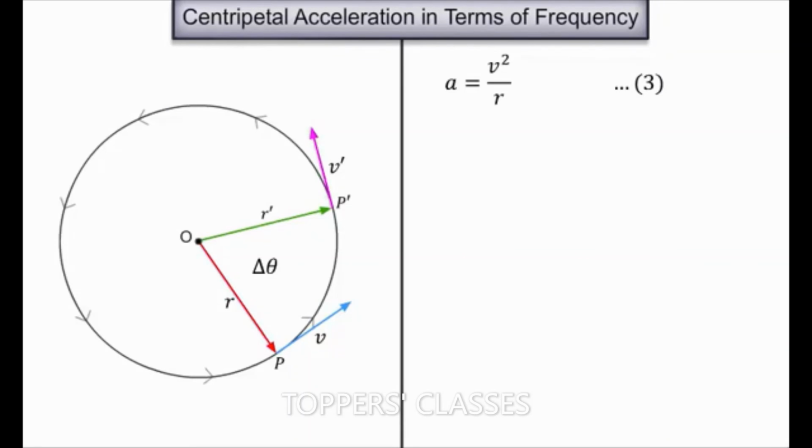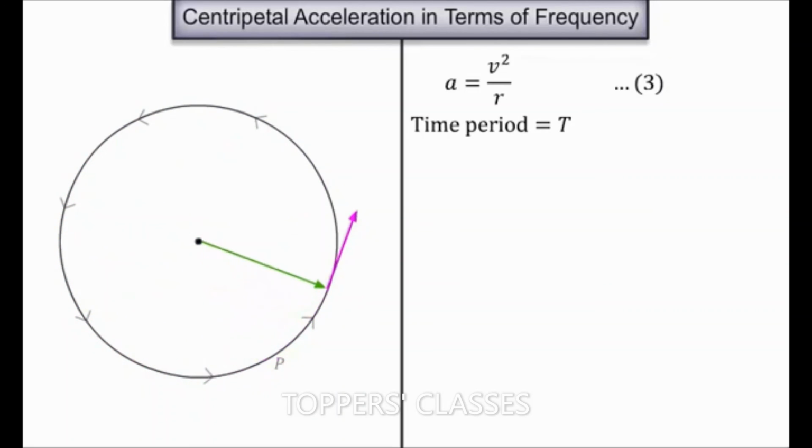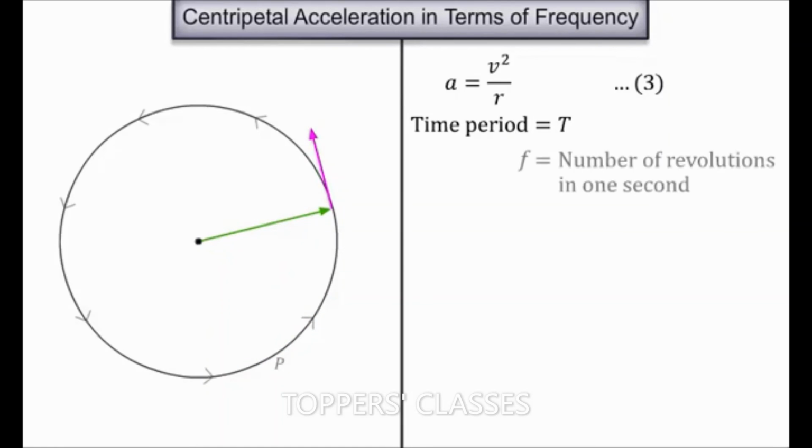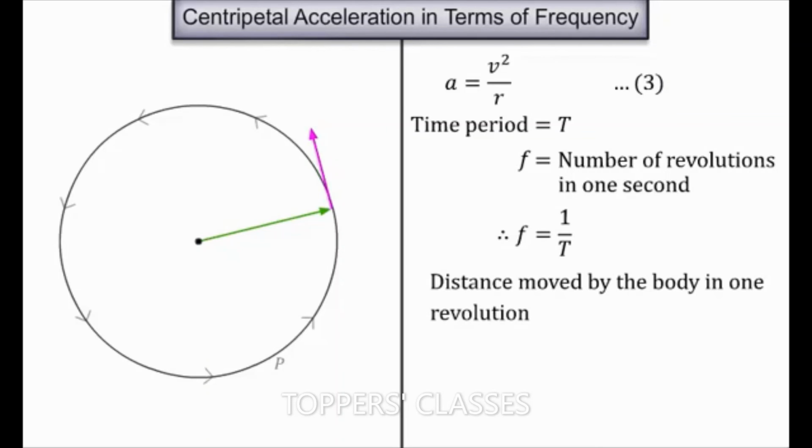Therefore, f is equal to 1 by T. Distance moved by the body in one revolution is equal to 2 pi r. v is equal to 2 pi r by T. On substitution, we get v is equal to 2 pi r f. Omega is equal to 2 pi f. Substituting the values in equation 3, we get a c is equal to 4 pi square f square into r.